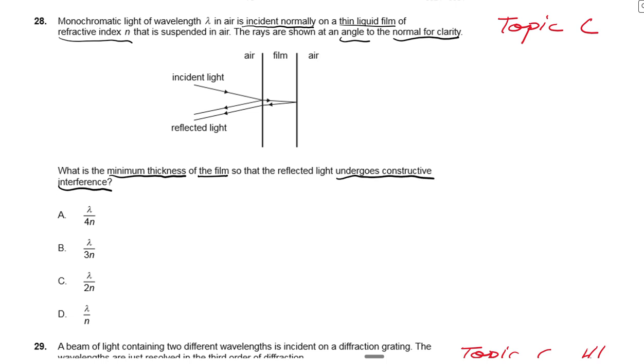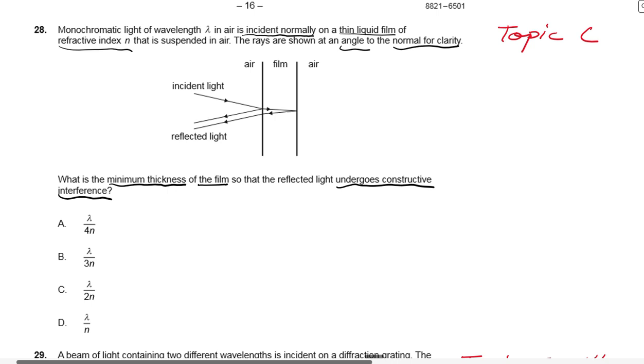So this is thin film interference, right? And this is actually the old syllabus. I'm not sure if this would come up. I don't think so, but we can still solve it.